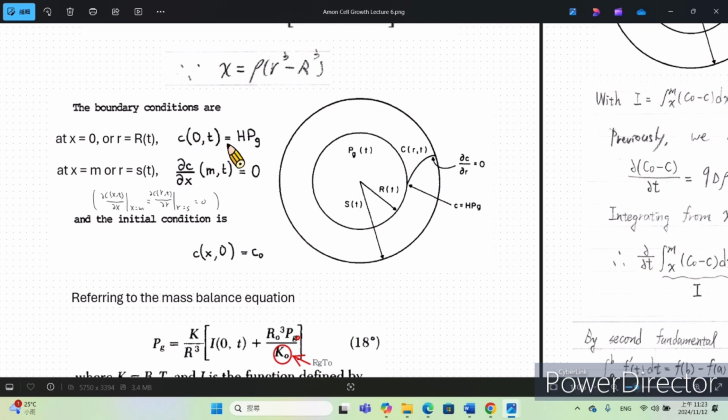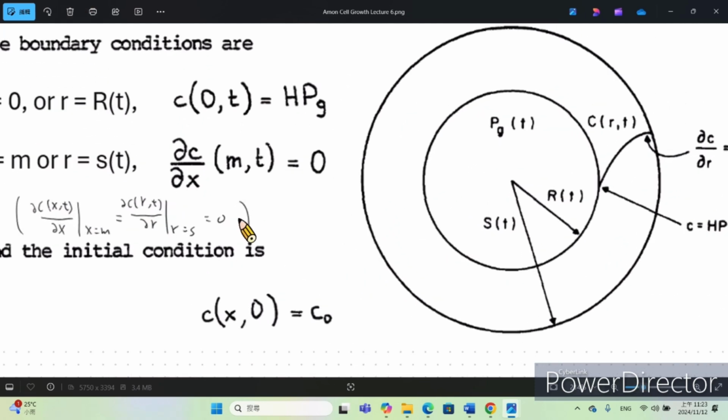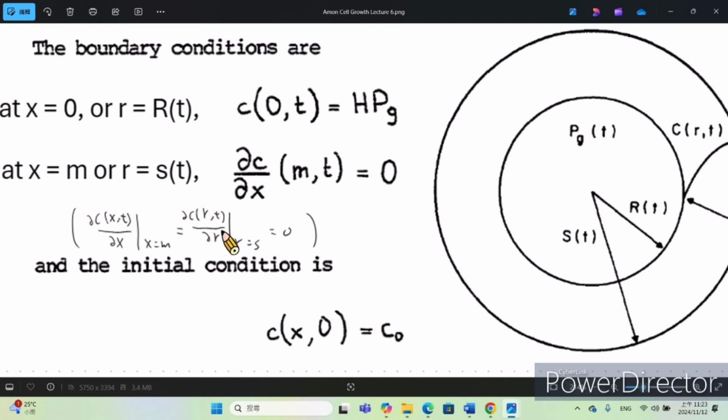This one is acceptable. How about the other one? Since I said partial C partial r equals 0 at r equal to S of t, can I say that when x equals m, this is also 0? When x equals m, partial C partial x equals 0, because m represents the whole envelope, or the mass of the whole shell.